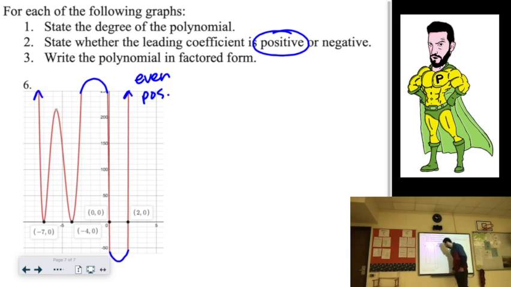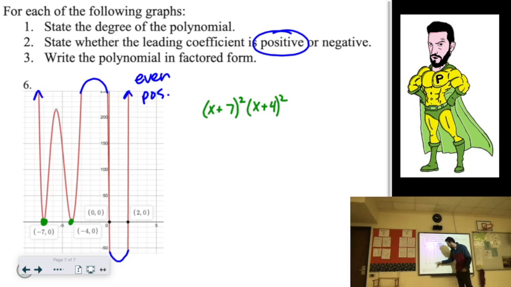So if we're looking for the zeros, I see it hits at -7 and then turns around, which means it has an even multiplicity. So we're going to use squared. That would show up as x plus 7 squared. I see it does the same thing at -4. Hits it, turns around. So that would show up as x plus 4 squared.